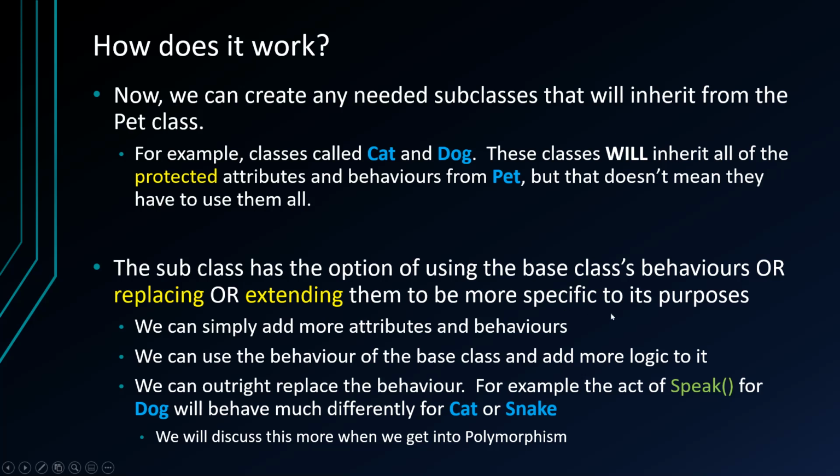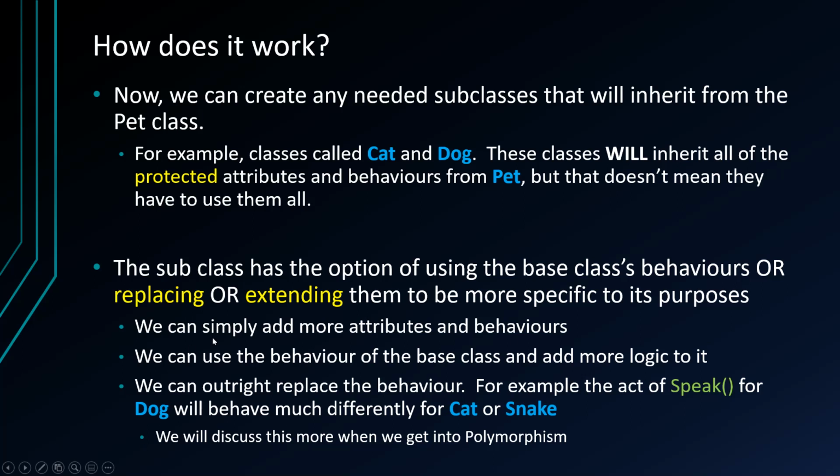So for example, we might have a generic display data subprogram inside of the base class, but it's not going to have any of the specific data that's specific to cats, dogs, or whatever animals we have. So in that case, we might use the base class version, but then add on to that to include the specific information for whatever pet we're talking about at the time.